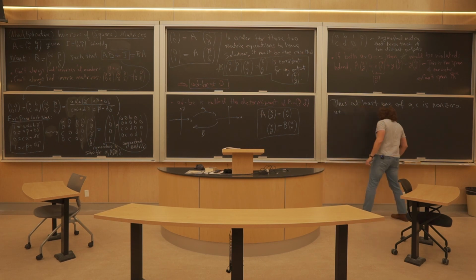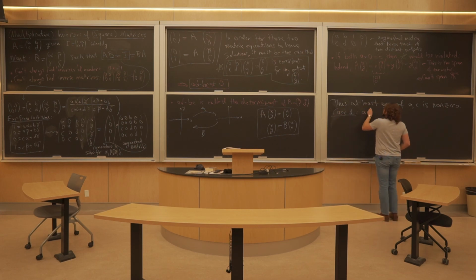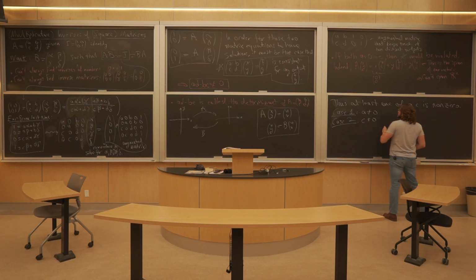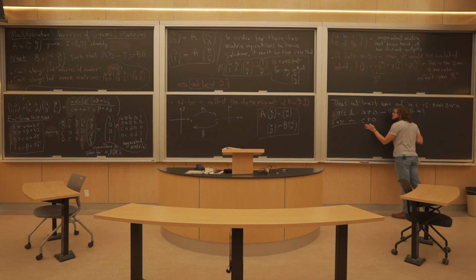So 2 cases. But then this is problem set 1, problem 2, so I'm not going to do that. Let's just say that C is non-zero. I don't know in this case if A is 0 or not. But still, if I know that C is non-zero, I can work with that.